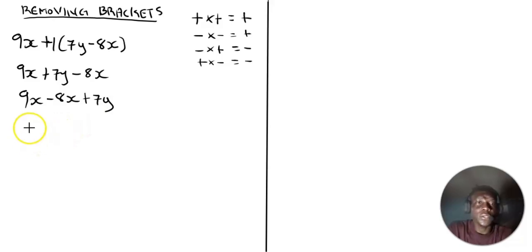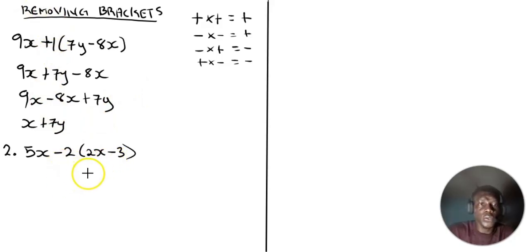Are we good? So let's go. 9x minus 8x will give you x. I have x plus 7y. What's left? Plus 7y. So there's nothing we can do here, right? So this is our final answer.